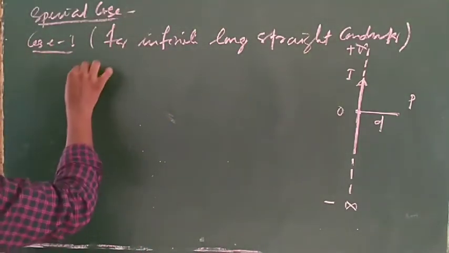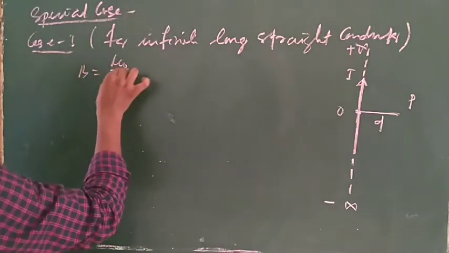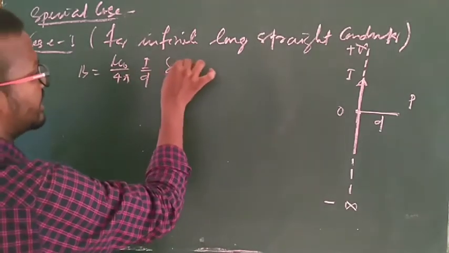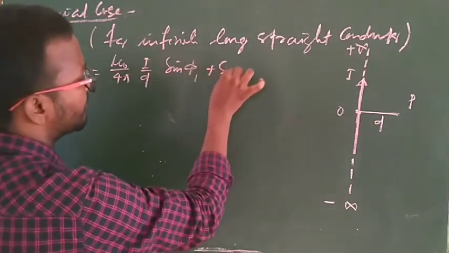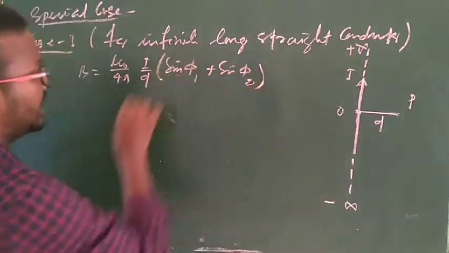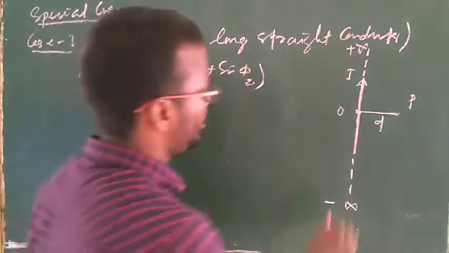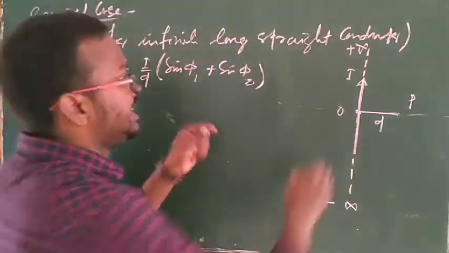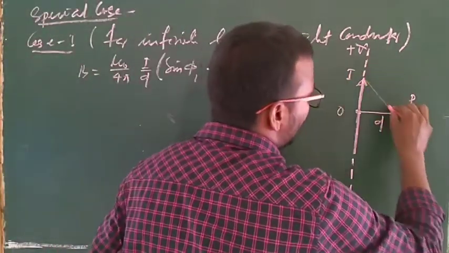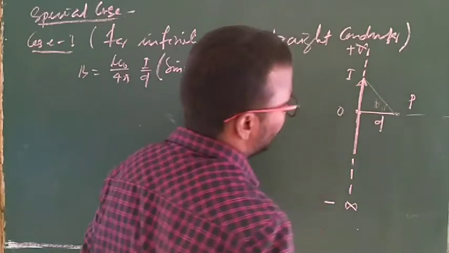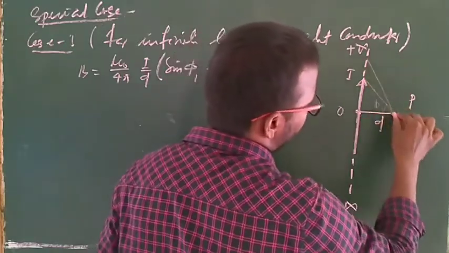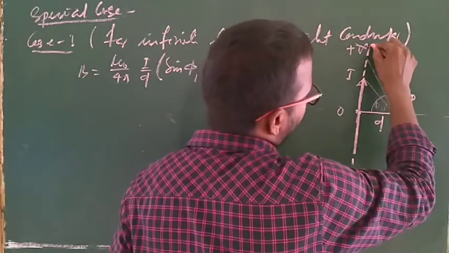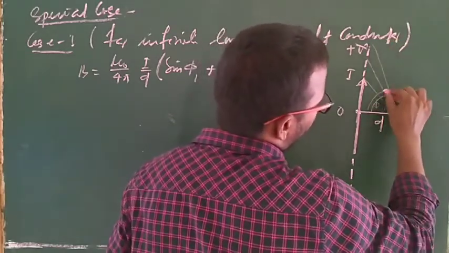We have B equals mu naught by 4 pi, I by D, and sin phi 1 plus sin phi 2. Clear? Phi 1 and phi 2 are always measured from this. Suppose this one is phi 1. If we increase the length, then this phi 1 also increases. If we take another point, phi 1 increases again.